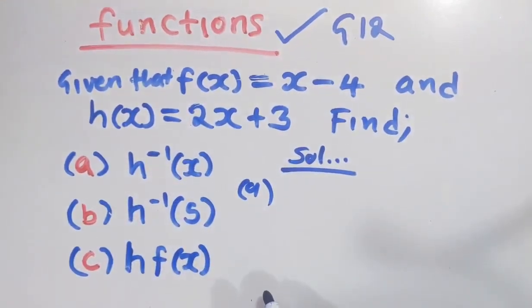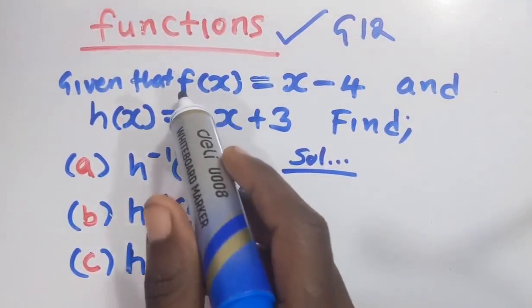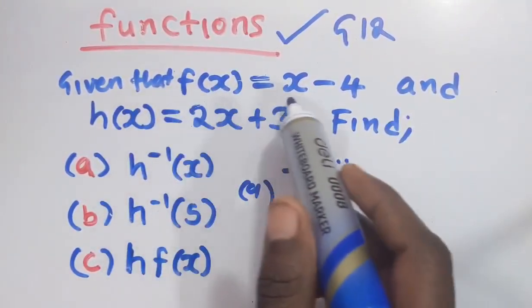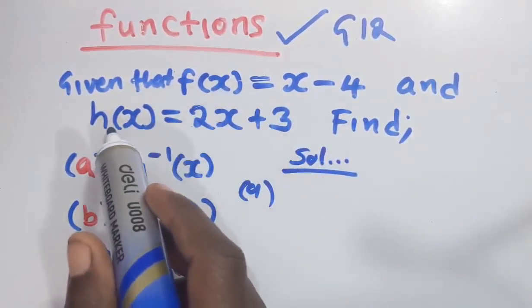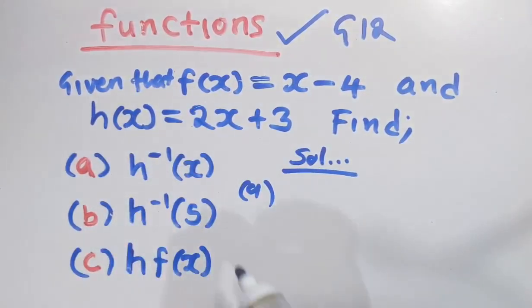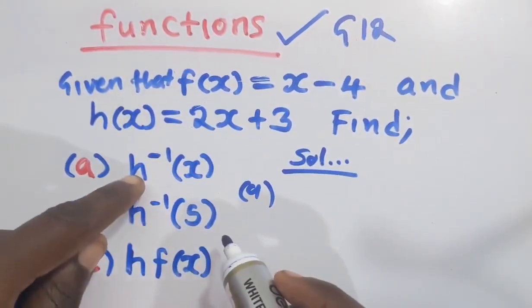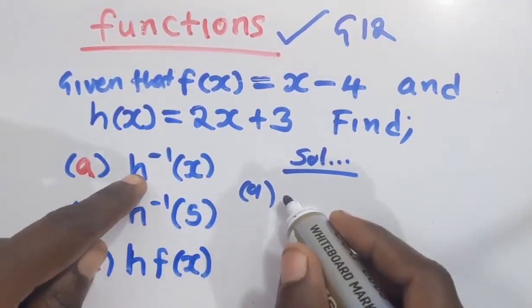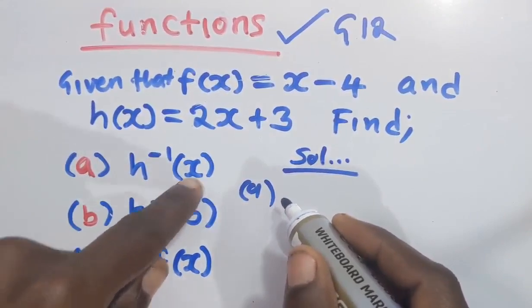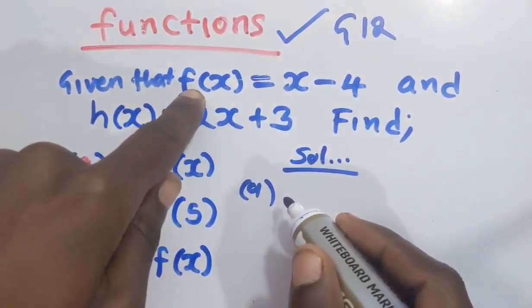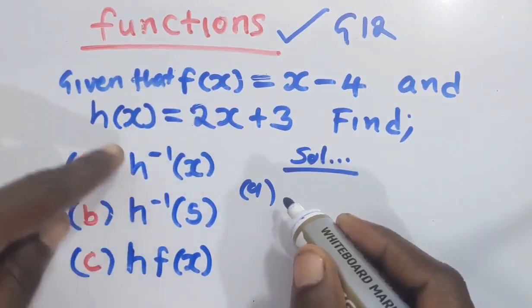If you look at these two functions, there is f of x, and there is h of x. As we are looking at the function that is similar to this one, is this one similar to f of x, or is this one similar to h of x?